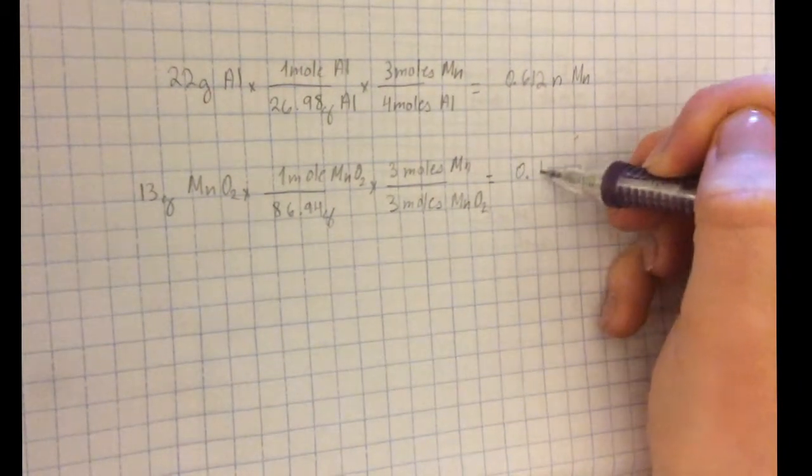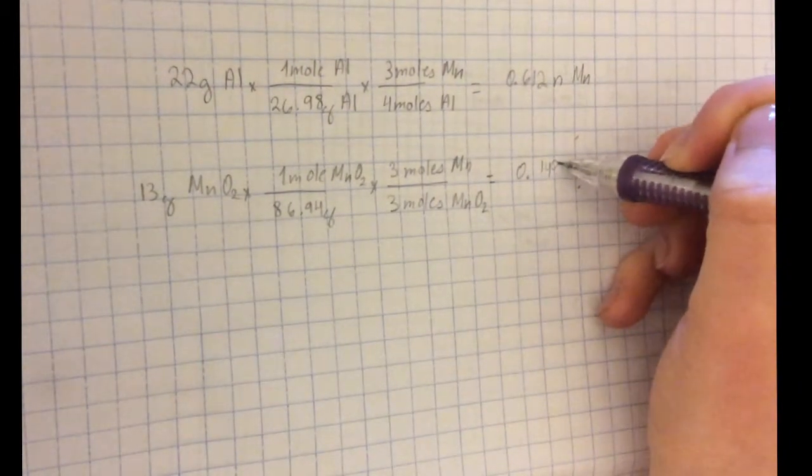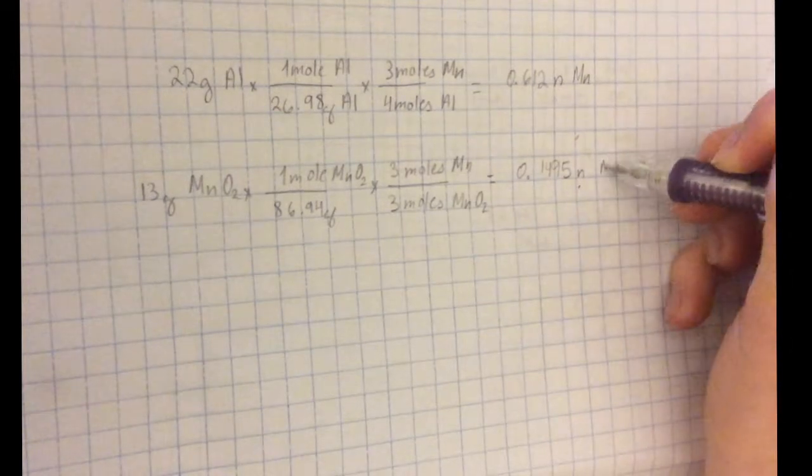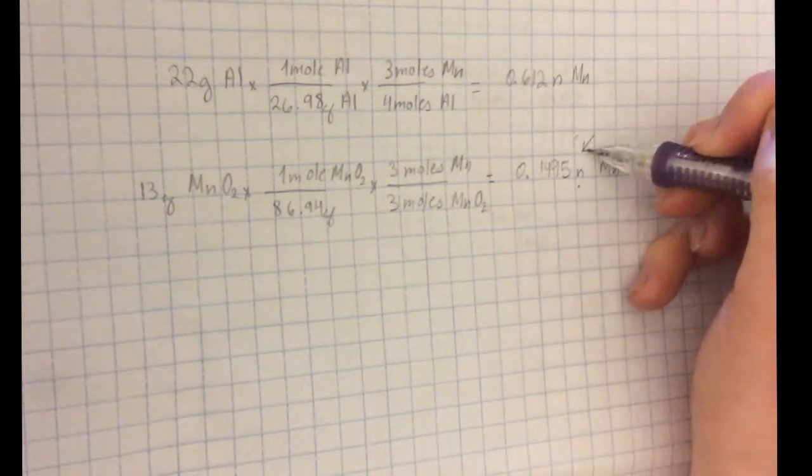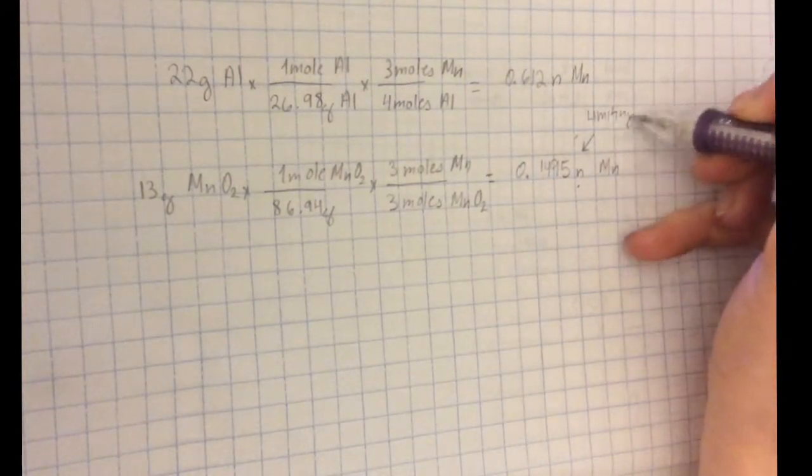Because fewer moles of manganese are created with manganese oxide, it is the limiting reactant. Therefore, we will find aluminum in excess.